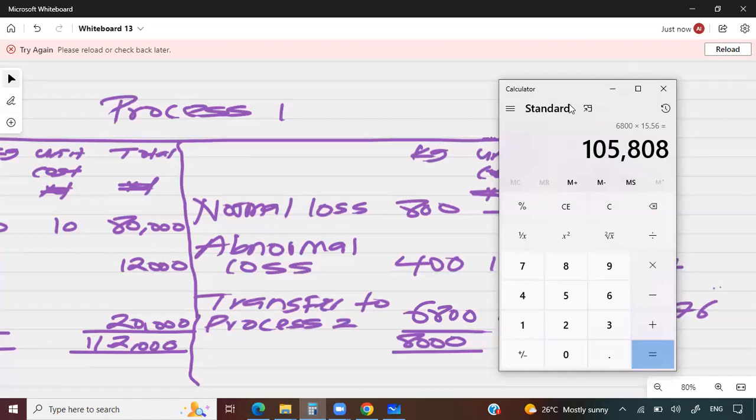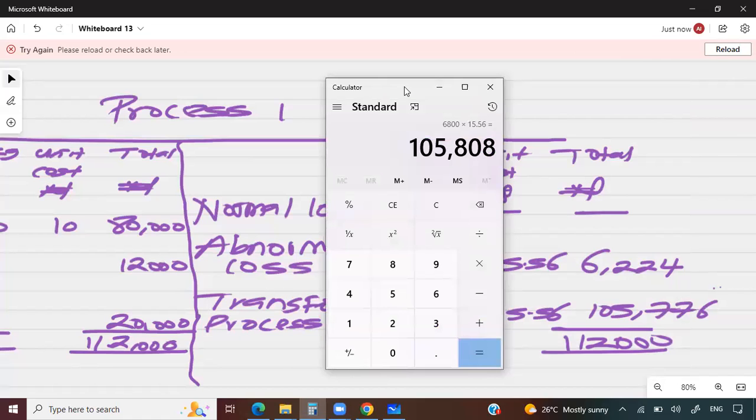It is as a result of the decimal. If I add 6,224, you can see a slight difference, which is caused as a result of the decimal, so it is fine.